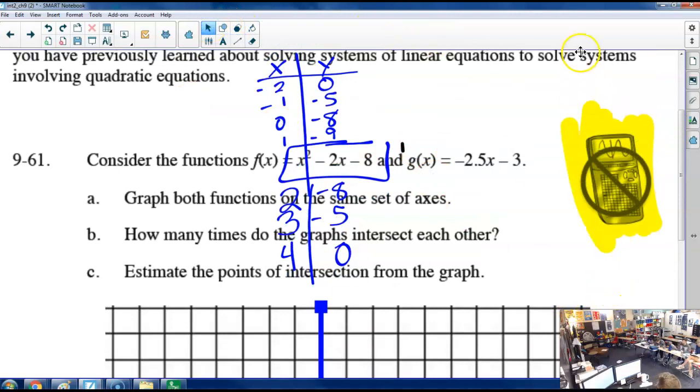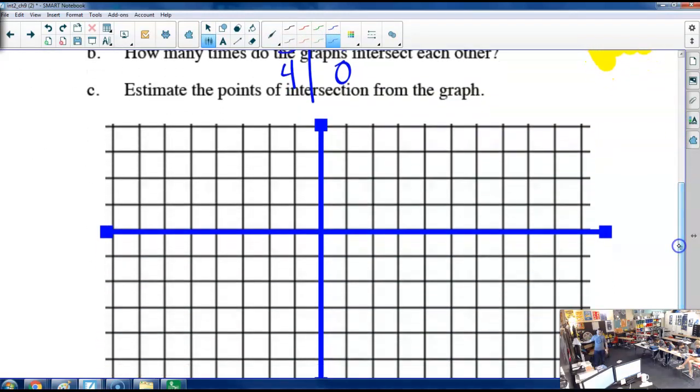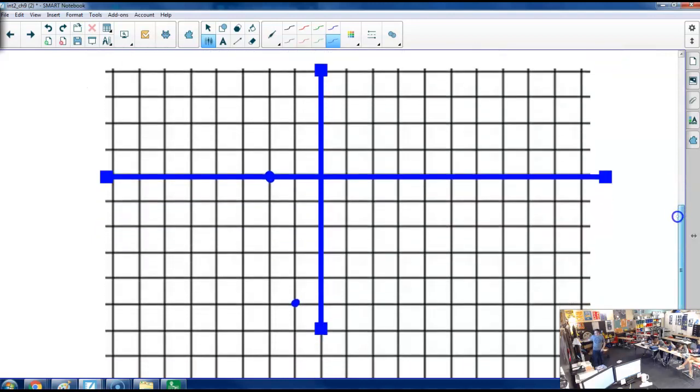I need a geometry. -2.5x minus 3. The other. So -2, 0, -1, -5. I should have changed those blue ones. Do you want me to tell you something else? An intersection?